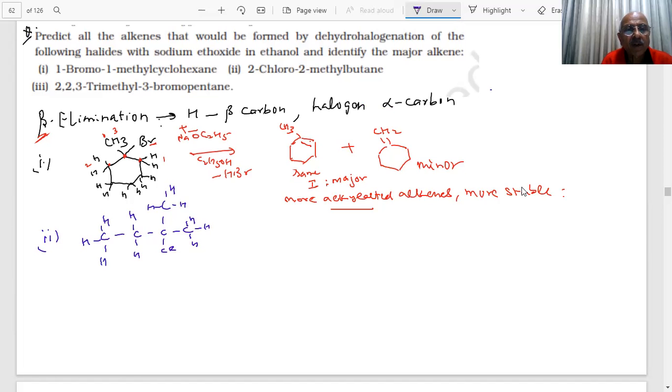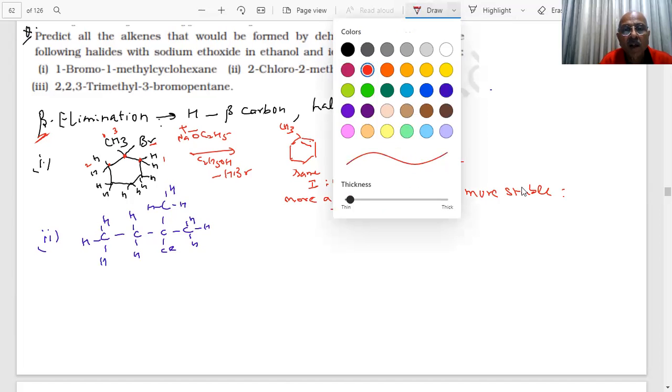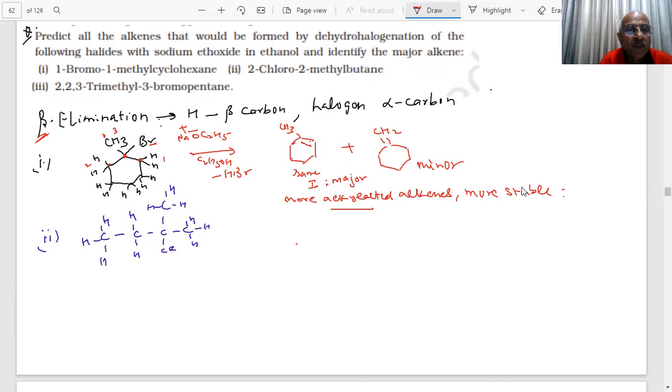What can happen? There are two beta carbons, so two products can be formed. This is the halogen. You have this one or this one or this one, they are the same. What happens here, whether putting here or there?